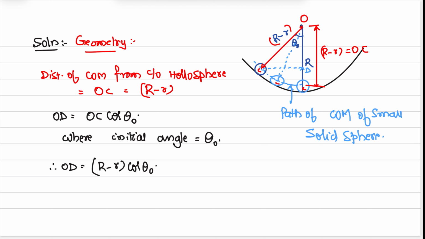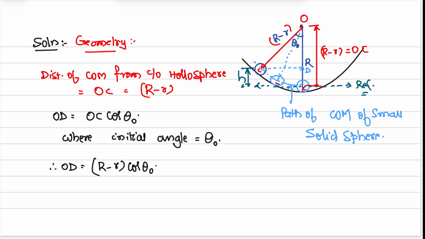Now, if the center of mass is taken as the reference line, let me draw the reference line here in green color. This is my reference line for all calculations. Please pay attention to it. Then, at theta naught, for calculating the potential energy, we require the height.